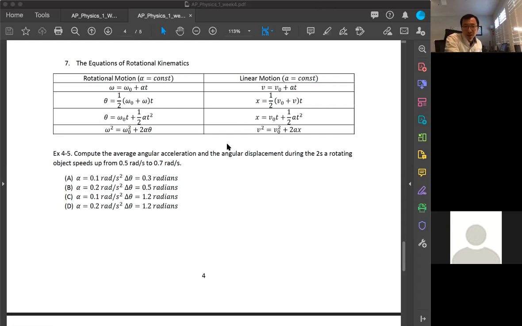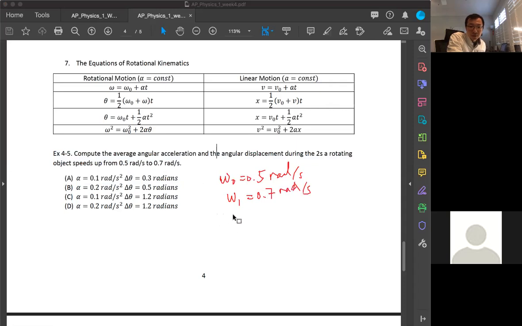Very basic, right? We're just using the formulas shown above. Initially, omega naught is 0.5 radian per second. We also have omega, the final, as 0.7 radian per second.